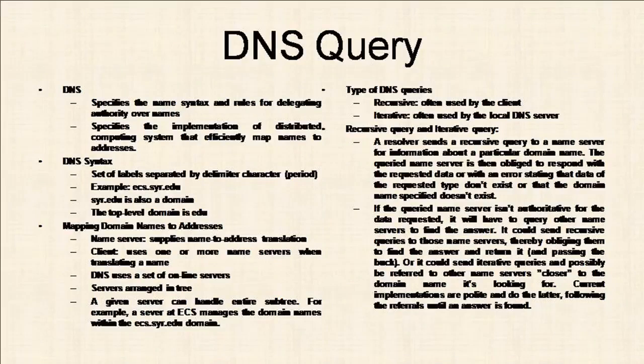That simply means you have sent a ping command with a website name. Now this particular request may go to the DNS resolver. The DNS resolver sends a recursive query to a name server, that is a domain name server, for information about a particular domain name.